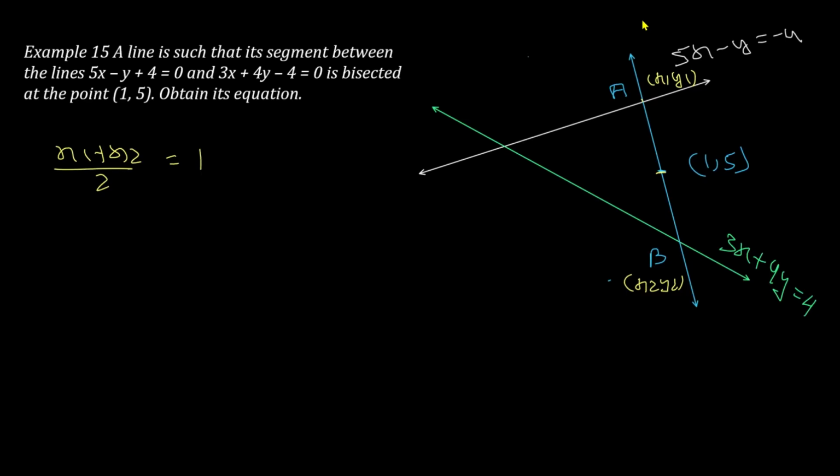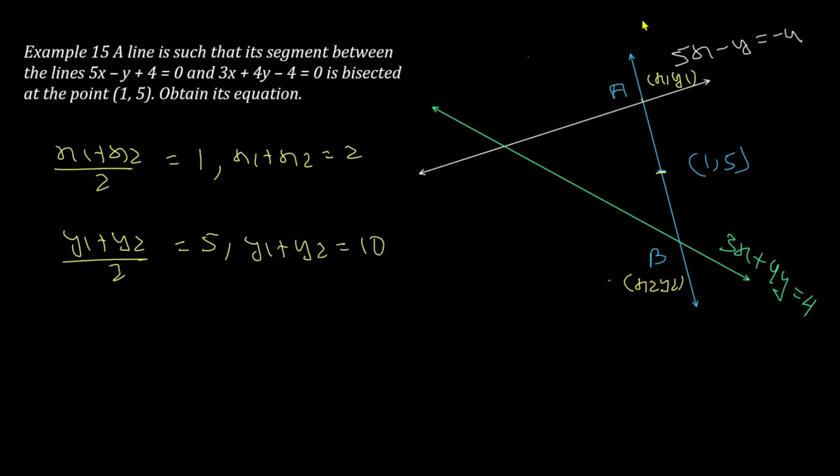And similarly, y1 plus y2 over 2 is equal to its y coordinate, which is 5. So x1 plus x2 comes out to be 1 into 2, that is 2. And y1 plus y2 comes out to be 10.